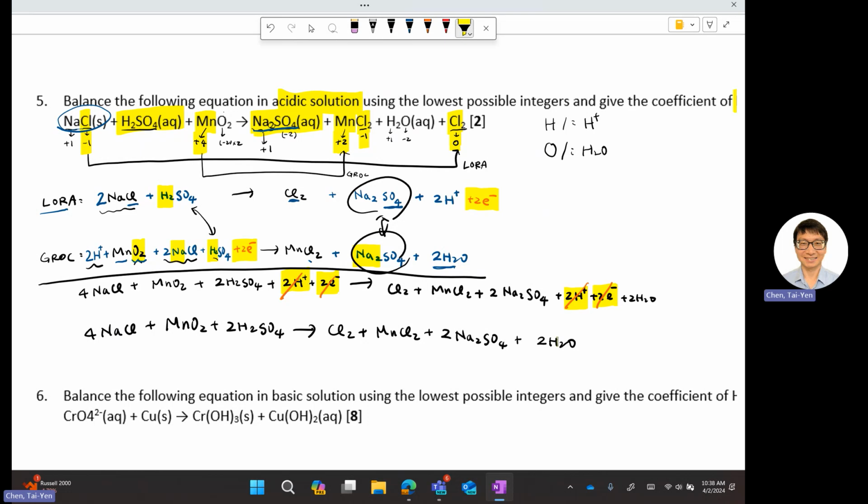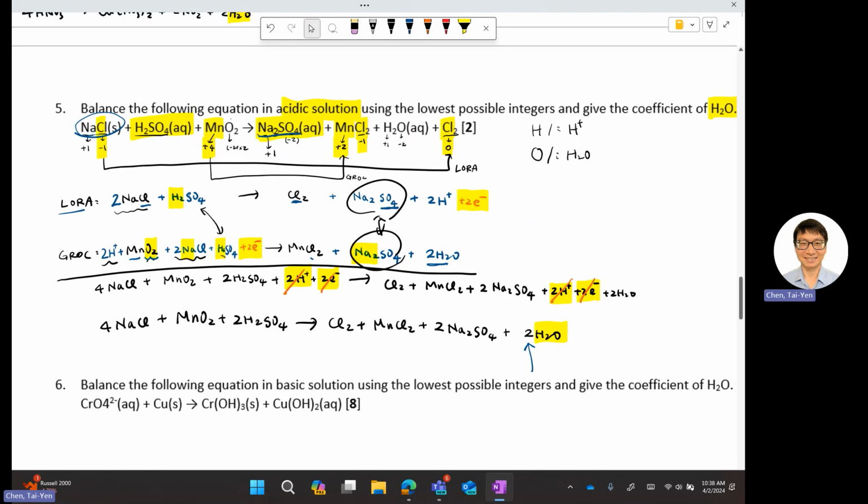Since we're looking for the coefficient in front of your H2O, the answer will simply be 2. All right, so that is how you solve this complicated-looking question number 5.